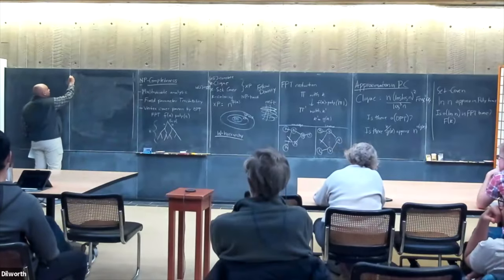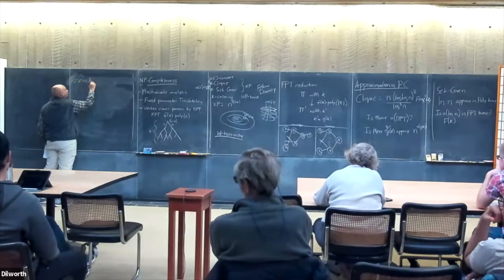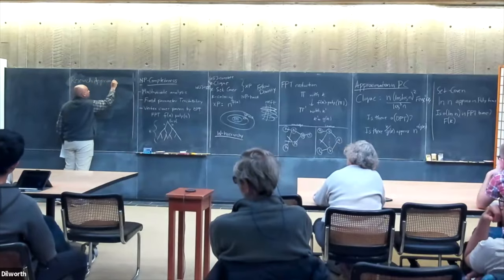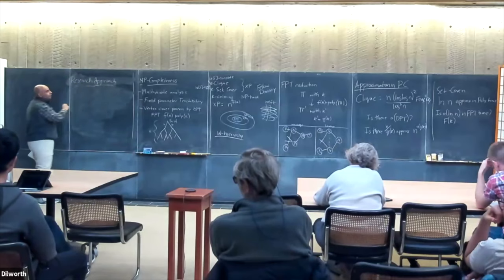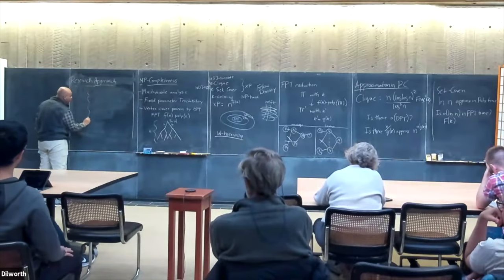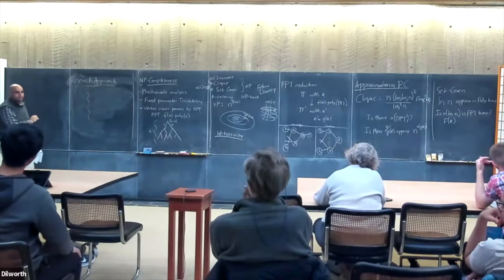So the research approach roughly looks like this. Of this whole program of hardness of approximation and parameterized complexity, or even the fine-grained questions that are there, I think there are many assumptions, but let me focus on 3.